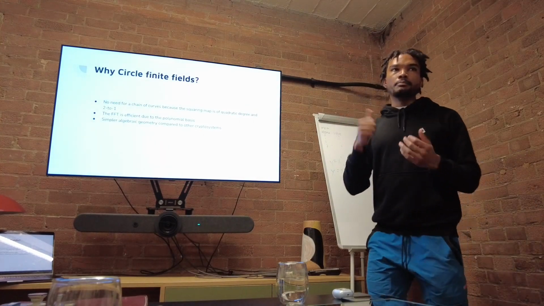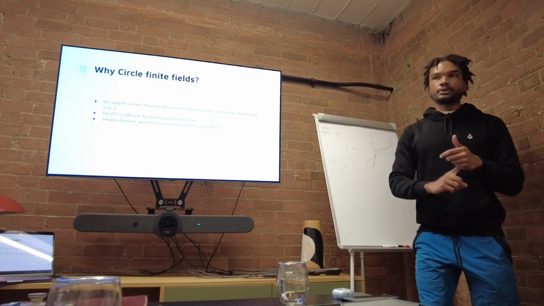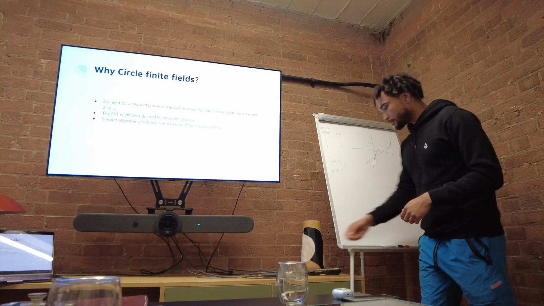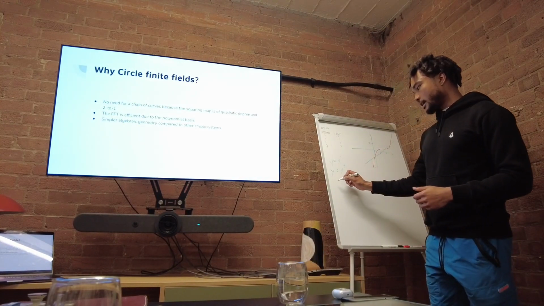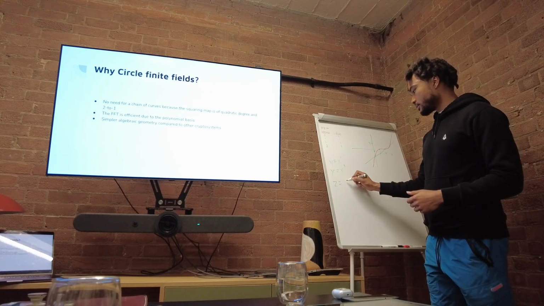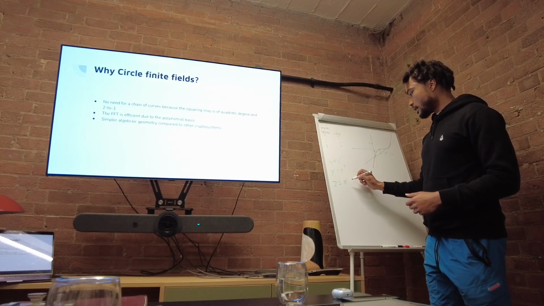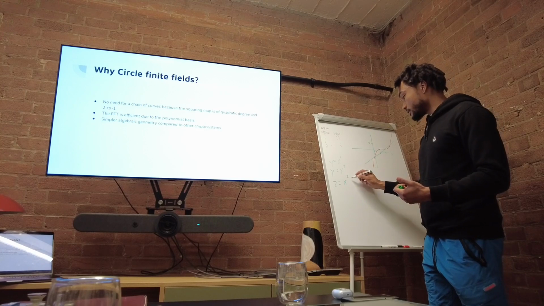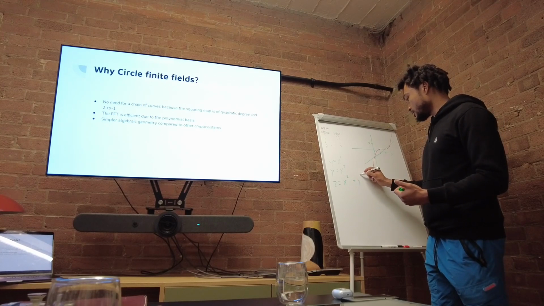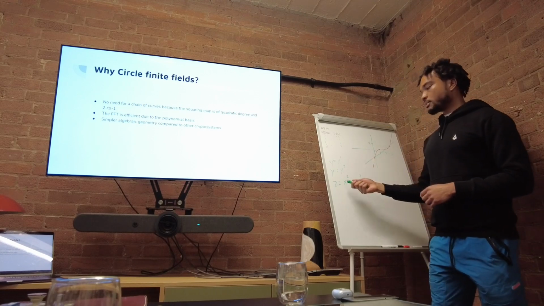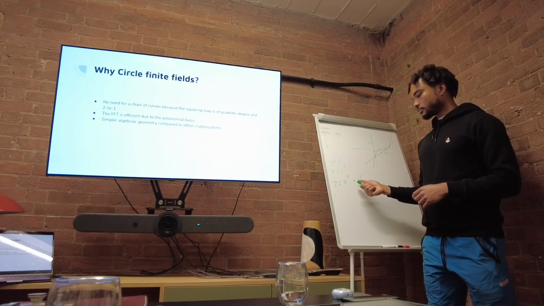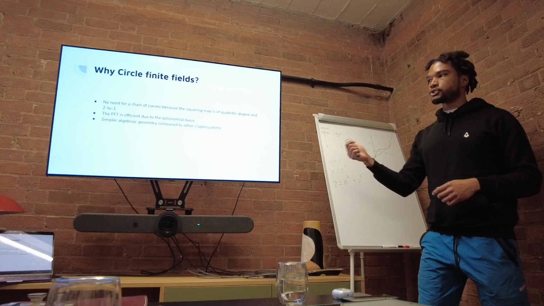It could be like a univariate polynomial where you have just x, or it could be something like a bivariate polynomial where you have z equals, let's just do the circle, x squared plus y squared, right? That's what the circle is. So you have this bivariate polynomial that you're working with.